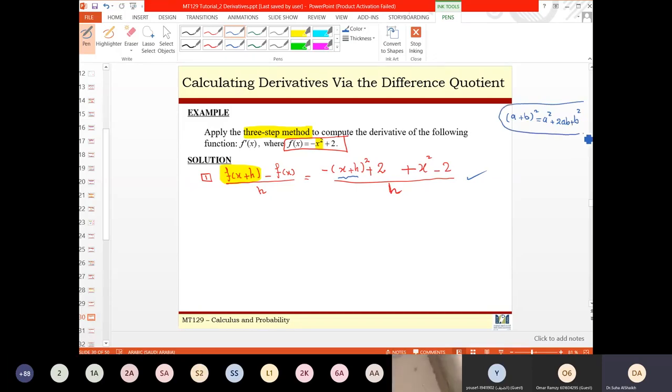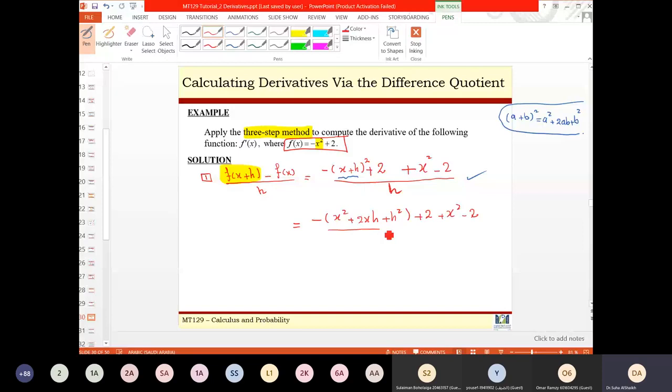So x plus h squared is nothing but x squared plus 2xh plus h squared. See what I did?